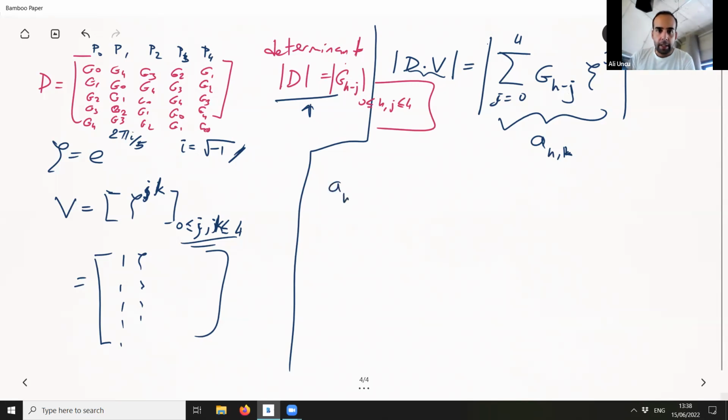So let's write this A H comma K. That is the sum from J being 0 to 4 of G of H minus J, and this root of unity at JK. Cool. Now, well, what I can do is I can multiply and divide. It's a minus HK.